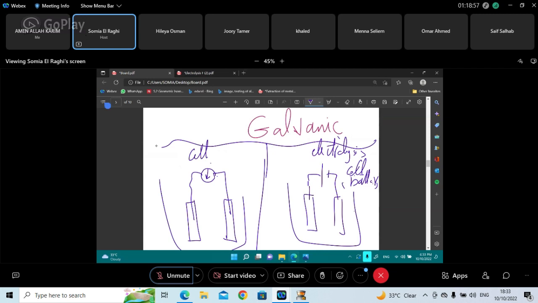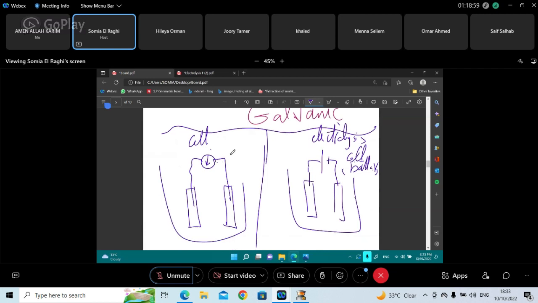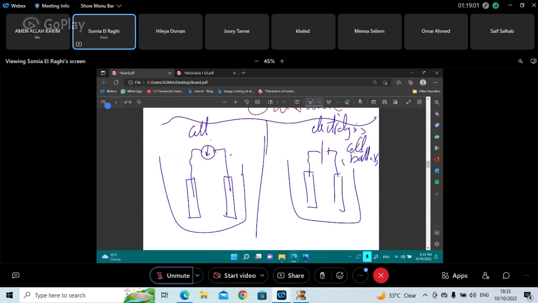I have here an electrolyte, whatever electrolyte, but in this case, I will write down something different. I will write down magnesium and copper. So it is the first time to talk about 2 different metals in the voltaic cell or galvanic cell. Let's compare now.